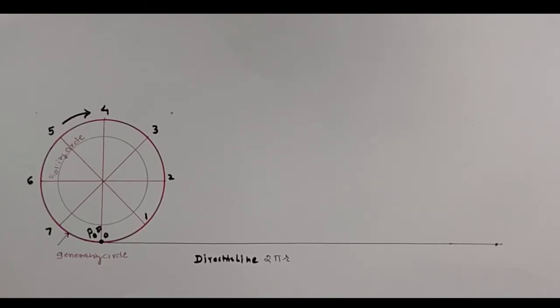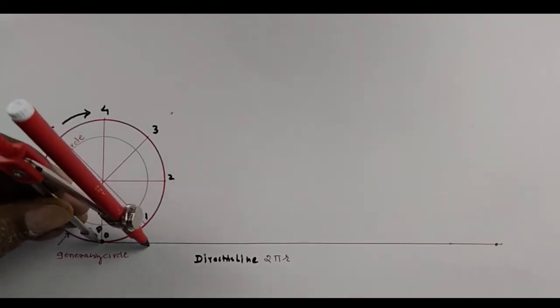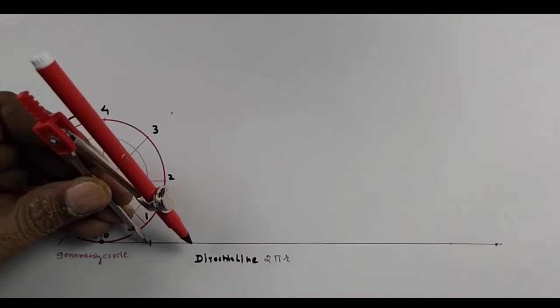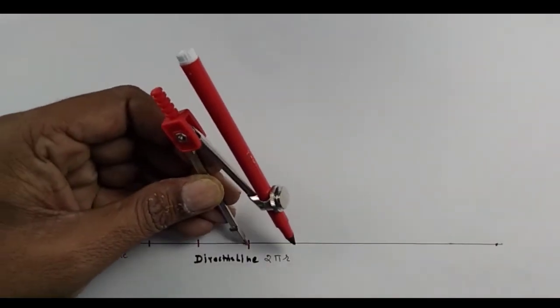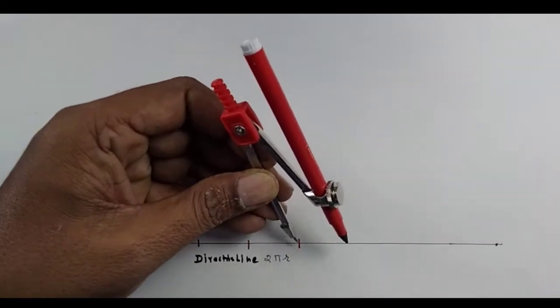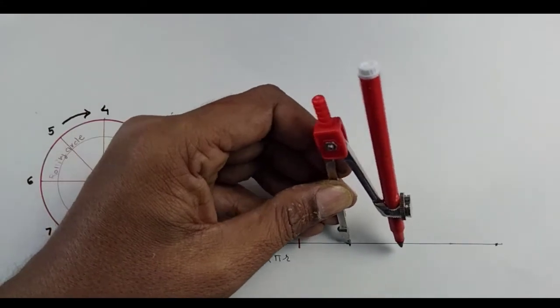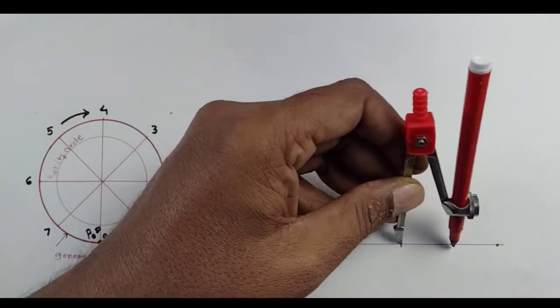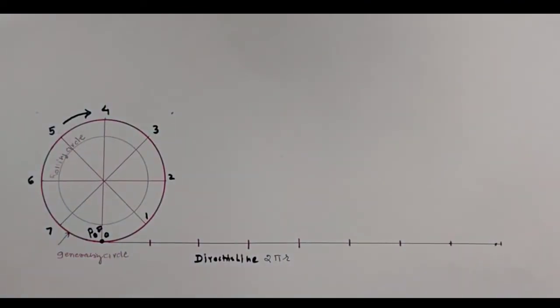Similarly, we divide our directrix line into 8 divisions. So this is the first, second, third, and you can also mark the numbers on the directrix line.